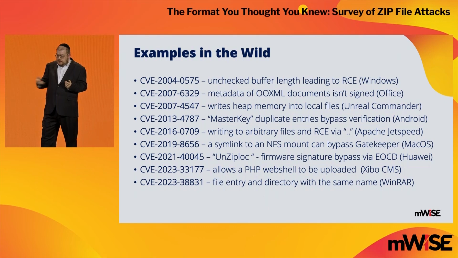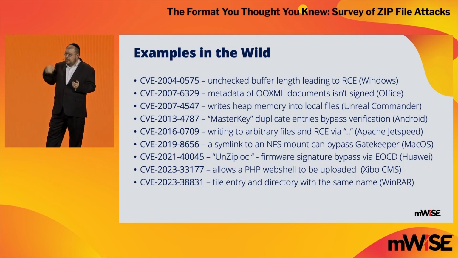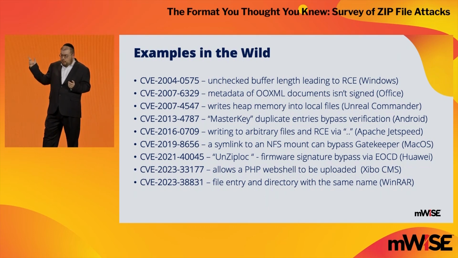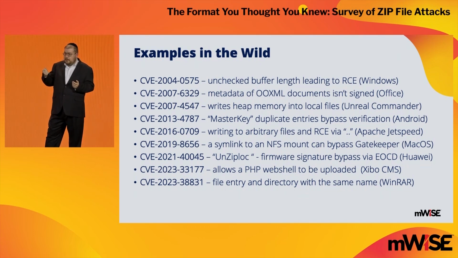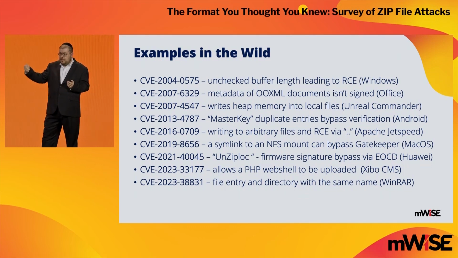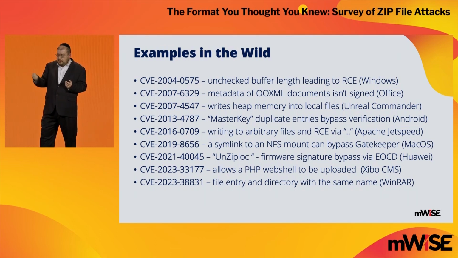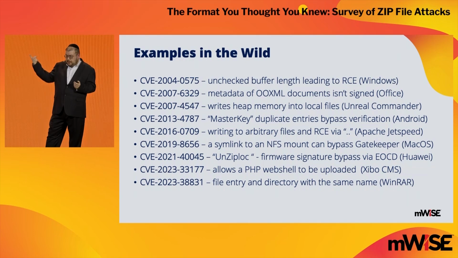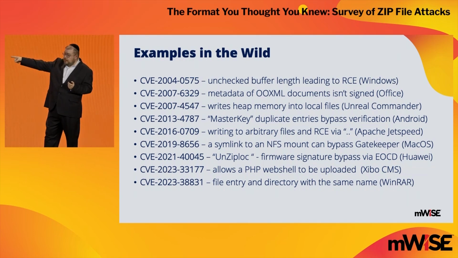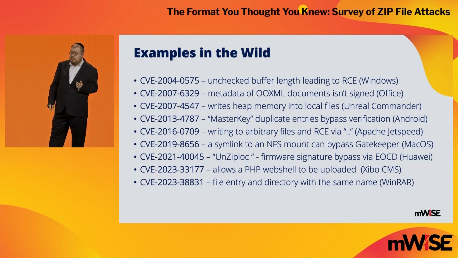You've got symlinks. You've got unzip lock. If you're expecting firmware, this is a Huawei vulnerability: you supply a file that's valid, and it will pass validation, then they're going to end up installing a firmware file that's not really validated. And then you've got a PHP web shell, and the most recent one was used in the North Korean attack a couple of weeks ago. It's in WinRAR, in WinRAR's implementation of zip.